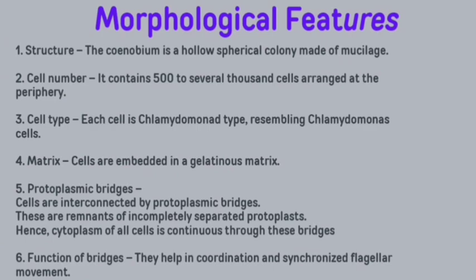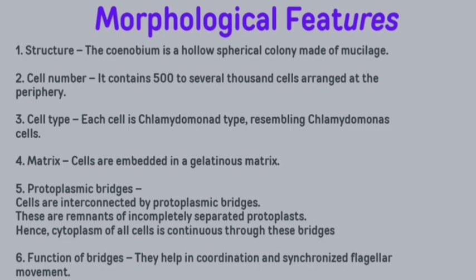Moving forward, let me tell you about some morphological features of Volvox. The structure, that is the coenobium, is a hollow spherical colony made up of mucilage, and it contains 500 to several thousand cells arranged at the periphery. Each cell is Chlamydomonas type, resembling a Chlamydomonas, and all the cells are embedded in a gelatinous matrix.